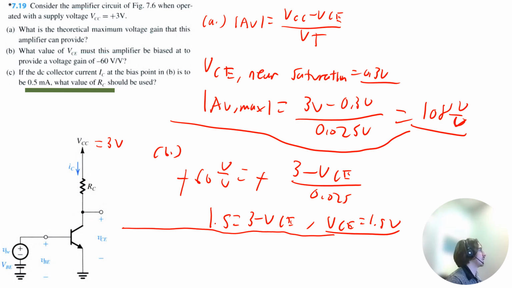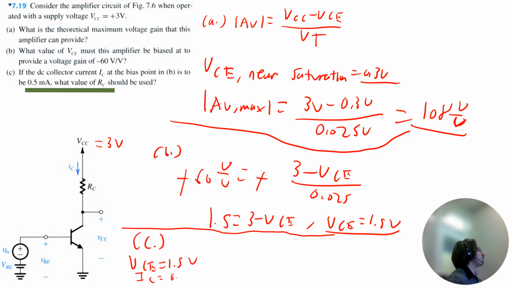Okay, now let's do part C. If the DC collector current IC at the bias point in B, so meaning we're biasing VCE to 1.5 volts, and we need the DC collector current IC to be 0.5 milliamps, then what value of RC should be used?